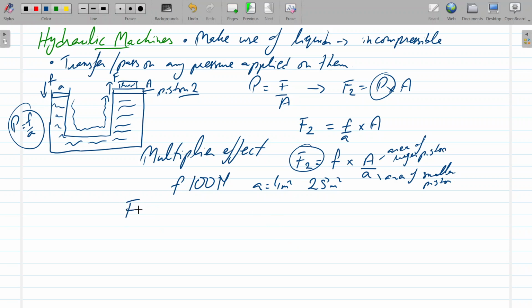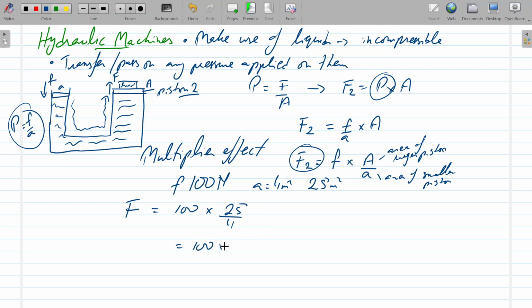So the larger F for piston 2 equals 100 multiplied by 25 over 4. And 25 over 4 is 6.25.